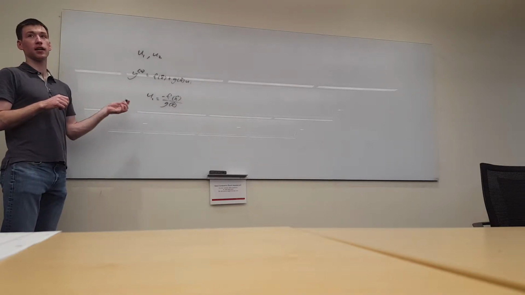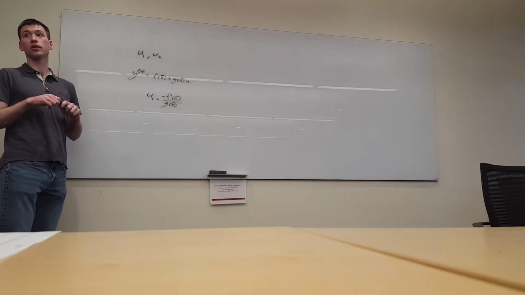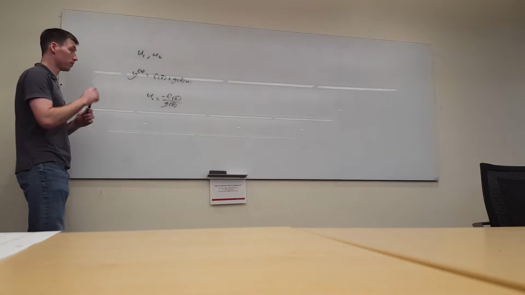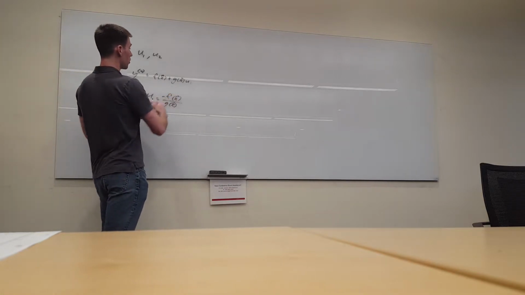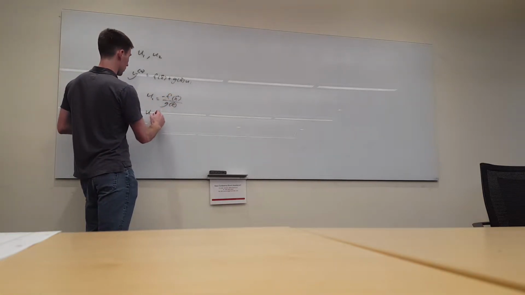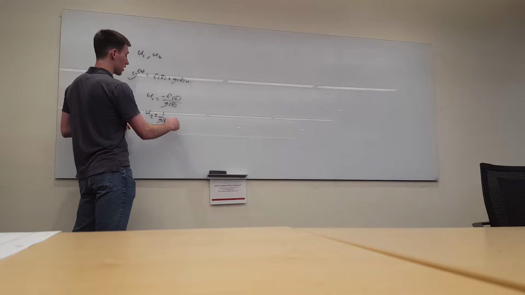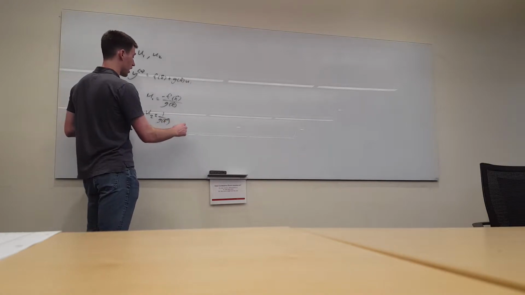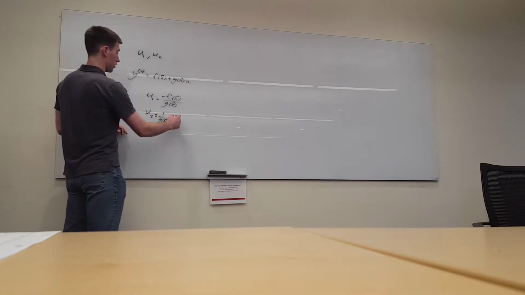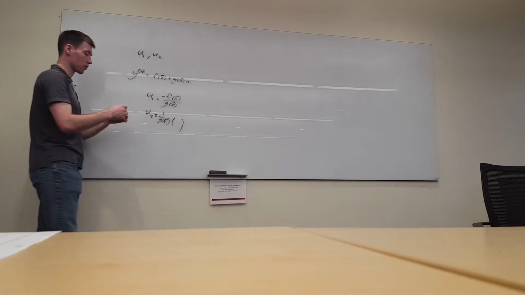This method has problems. But when it works, it can work very well. So u2 is, again, 1 over g, and then times our desired dynamics. Whatever those may be.